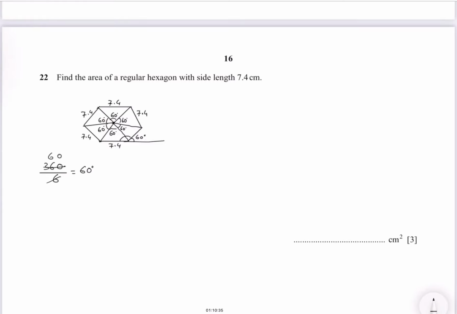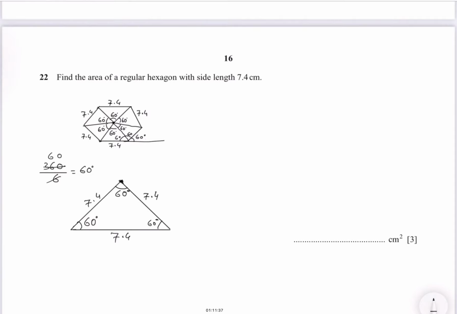So the inside angle of a regular hexagon would be 180 minus 60, and that answer would be divided by 2. So you get 60-degree angle each. It means that if you take one triangle of this regular hexagon, you can see 7.4 on all three sides, and all the angles inside are 60-degree.